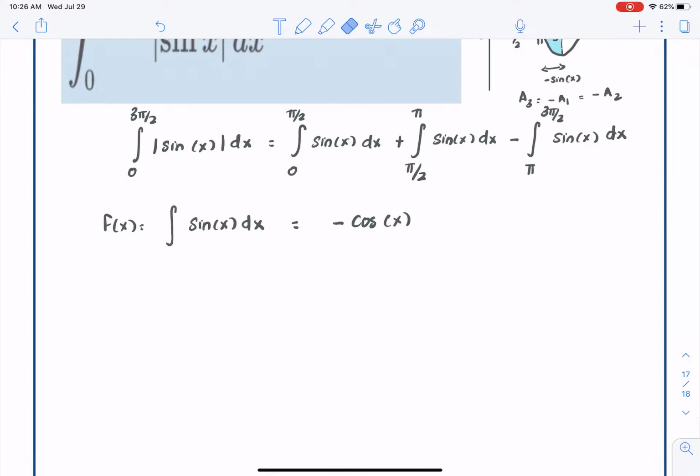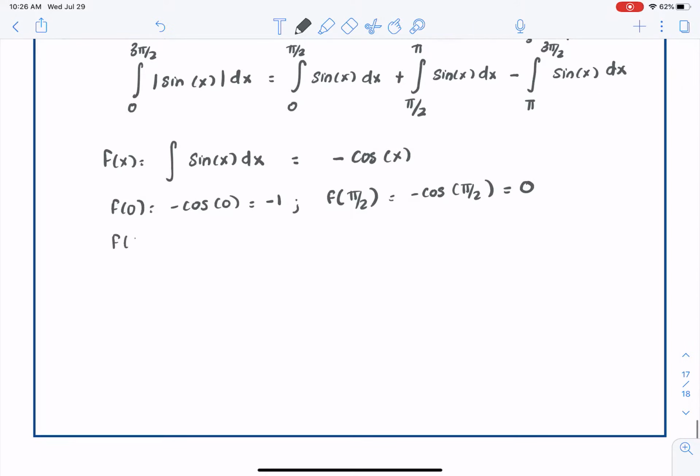So f of 0 would be negative cosine 0, which is simply negative 1. F of pi over 2, negative cosine pi over 2, which is 0. F of pi is negative cosine pi, which is negative of negative 1, we get 1. F of 3 pi over 2, negative cosine 3 pi over 2, which is 0.